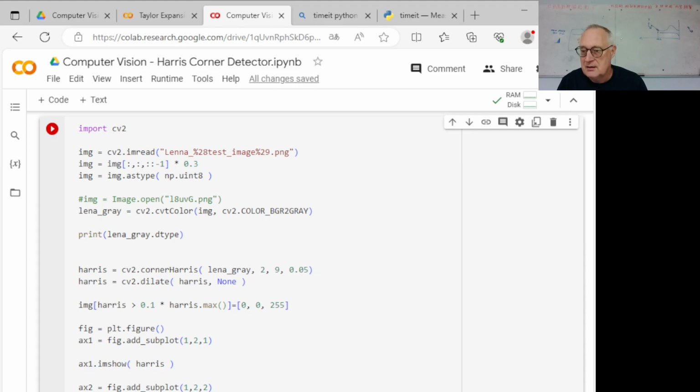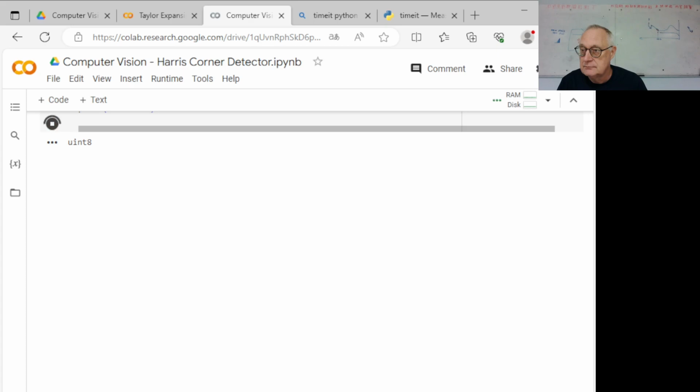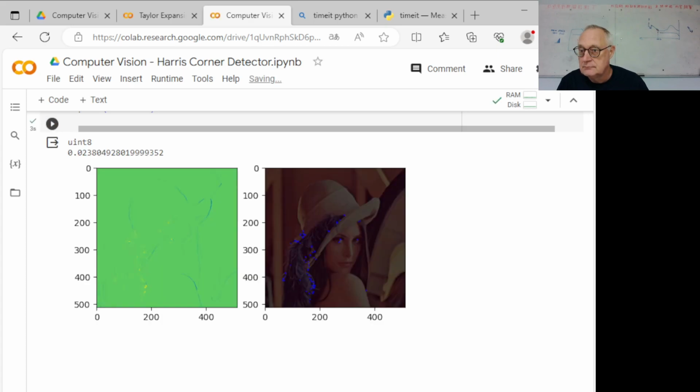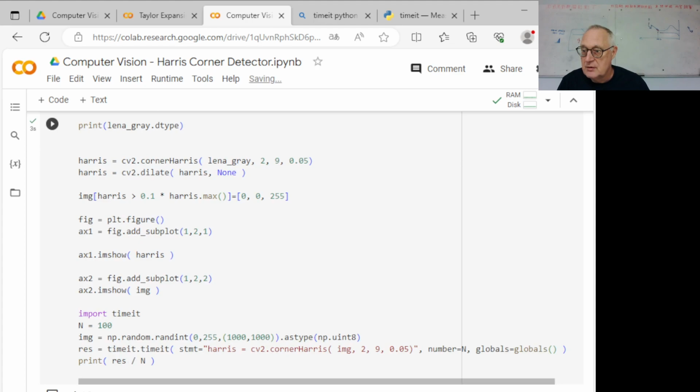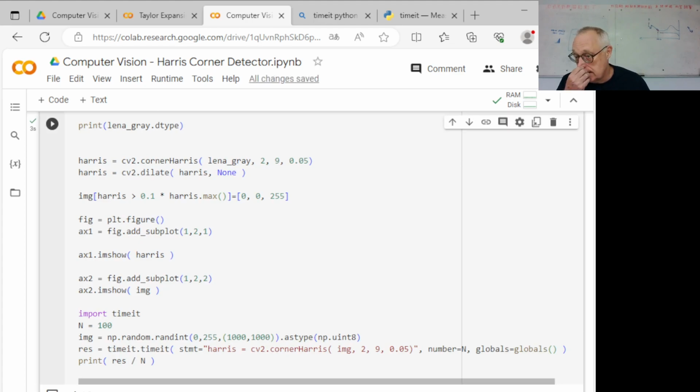That's why that is a little bit slower than if you use the Lena image. So for me, for that size, it's 2/100 of a second.